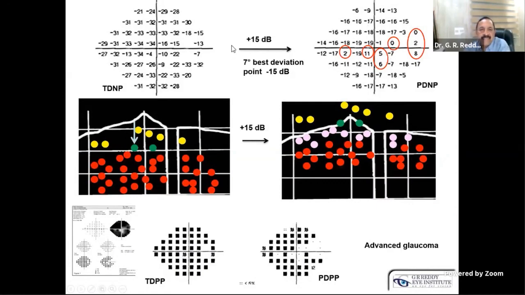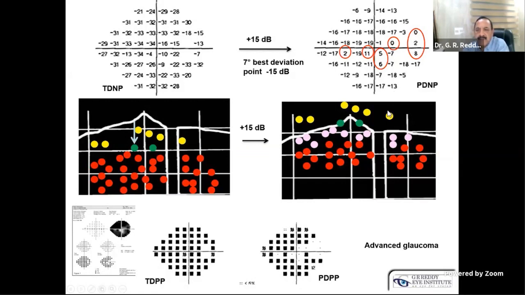So by making the 7th best normal, we are making 7 points normal. If you select the 25th point, 25 points will become normal, almost 50% of the points. What is the main aim? The aim is only to remove a generalized depression, making the generalized depression a localized scotoma, and making some percentage of points normal, either 10%, 15% or 20%.